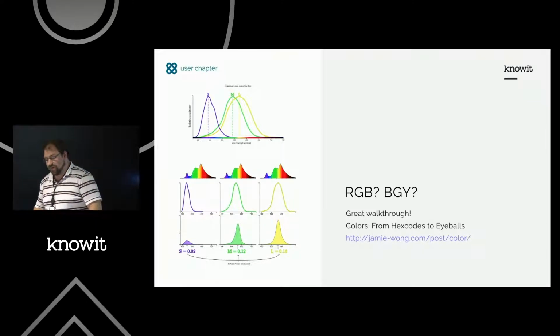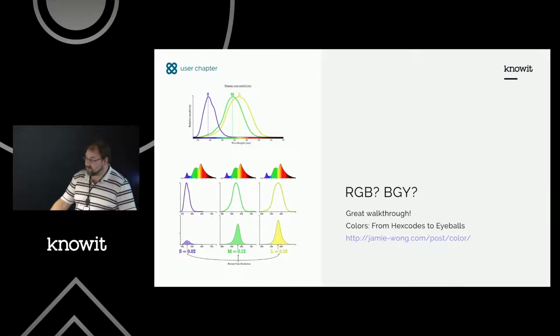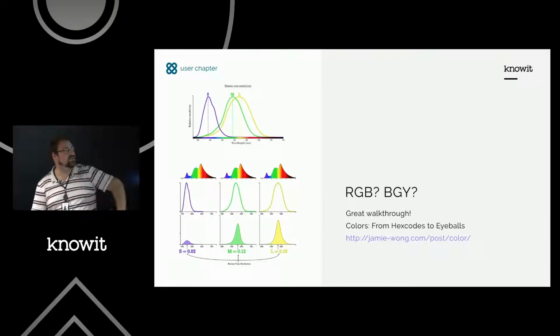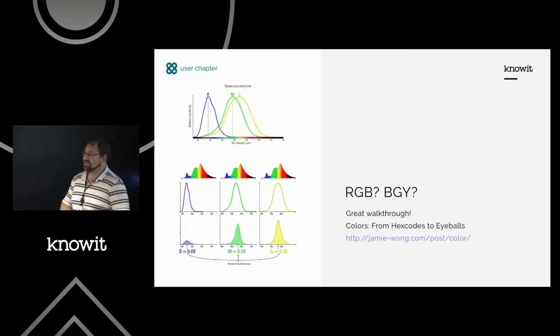We also have rods, which are responsible for scotopic vision. This is photopic vision. Rods are very good when it goes dark. They're sensitive to a little lower than the leftmost cone, but it's not as good at giving color vision. It is mostly there to give you a good view when in the dark.